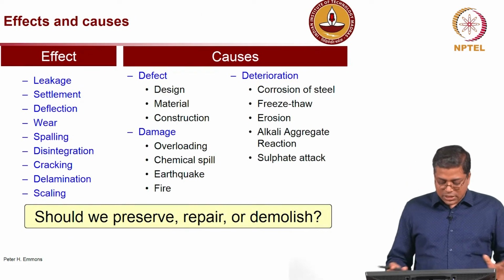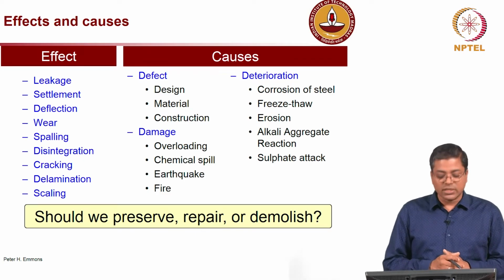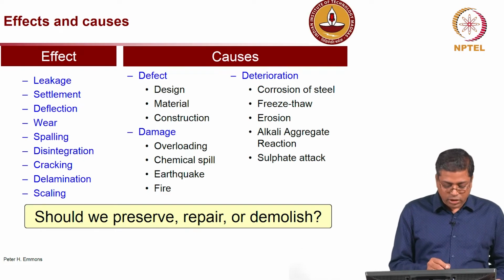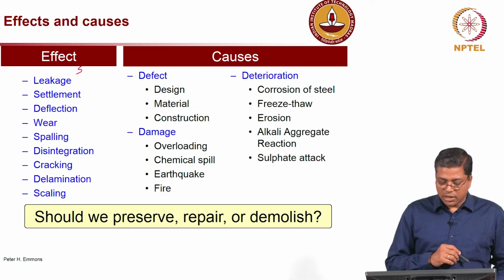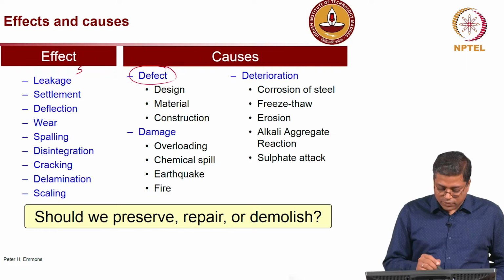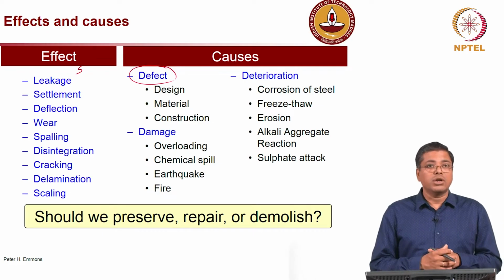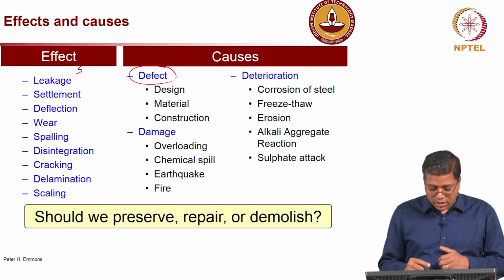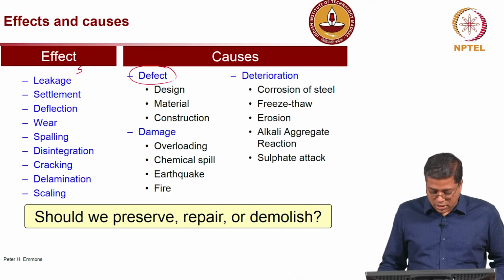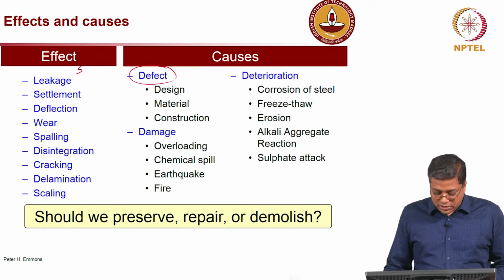Now this is just summarizing or listing all the different types of defects and different types of causes for those. If you are talking about defects, we are looking at mainly design problems or materials not meeting adequate requirements, and sometimes also poor construction practices. All this can lead to defects in concrete structures.